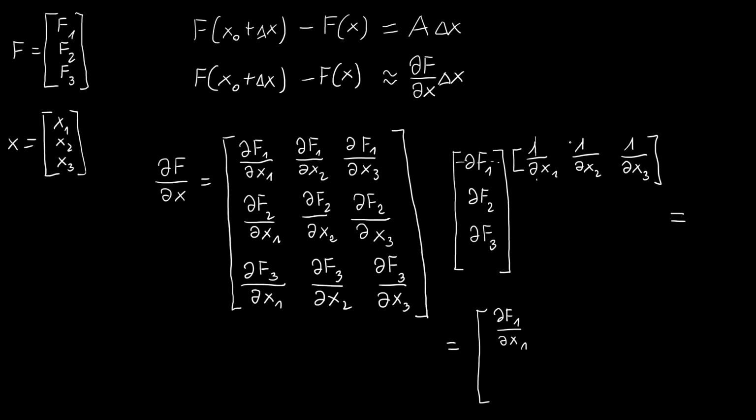We take first row, second column, we take first row, third column, and so on and so on, and we will just get this matrix.